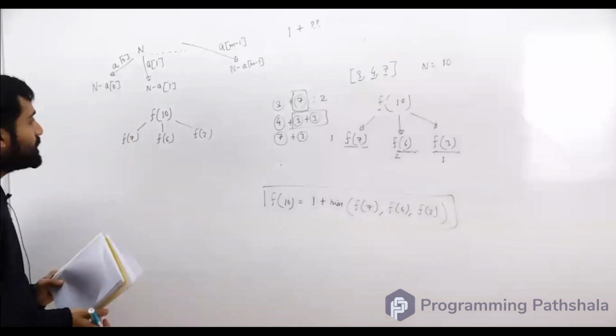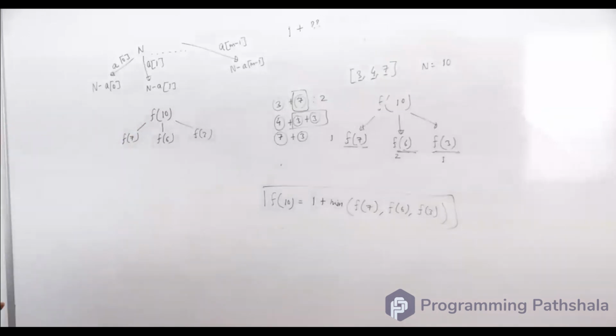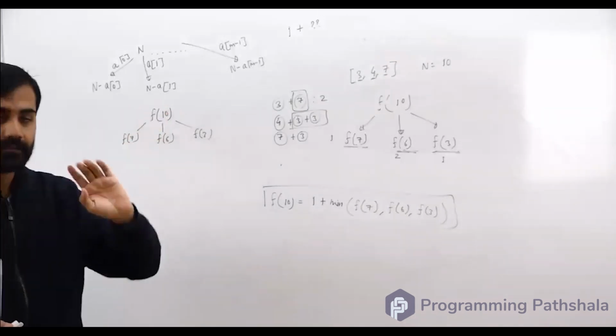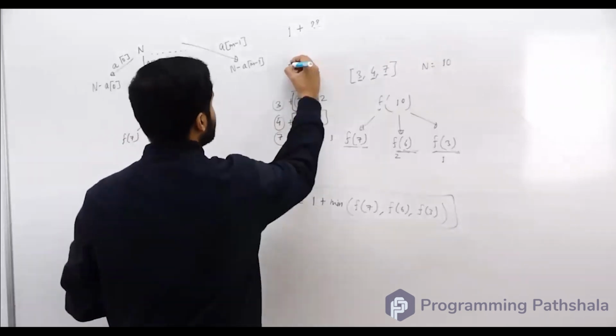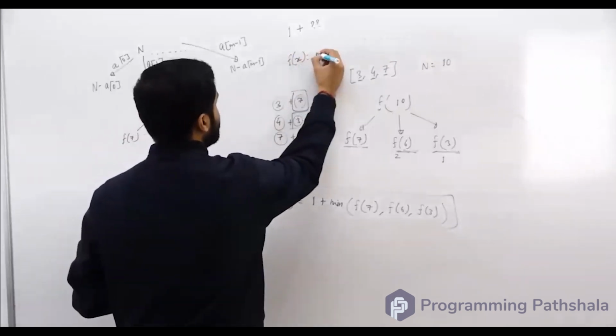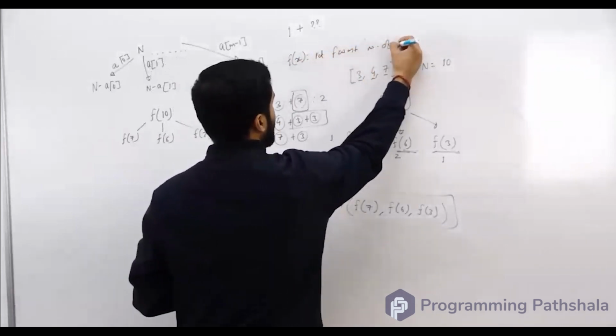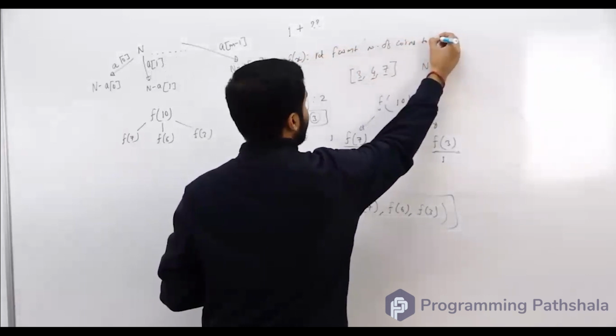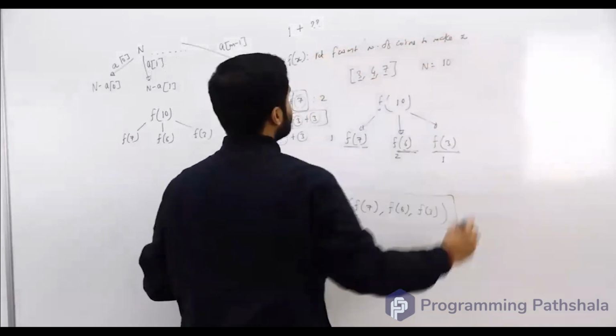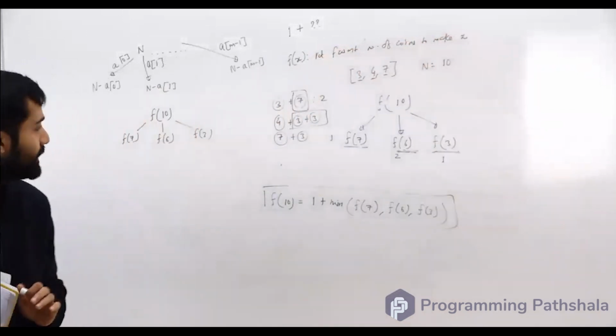Okay, so now what is the meaning of f of x? The meaning of f of x is it will return me the fewest number of coins to make x. That is what f of x is. Is that clear?